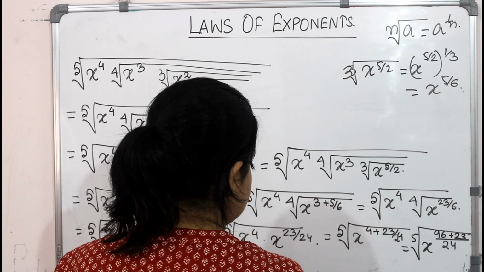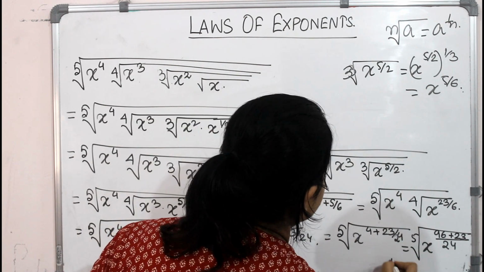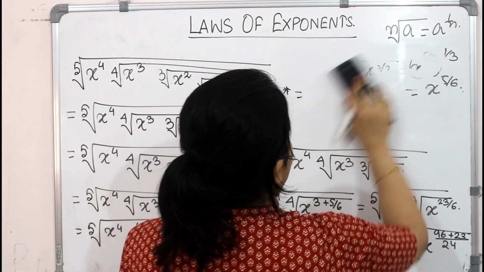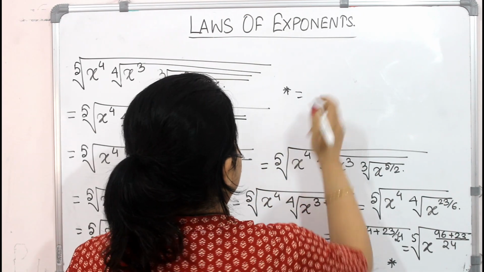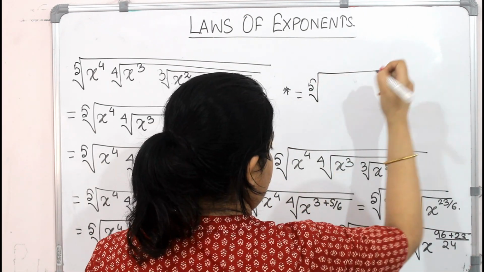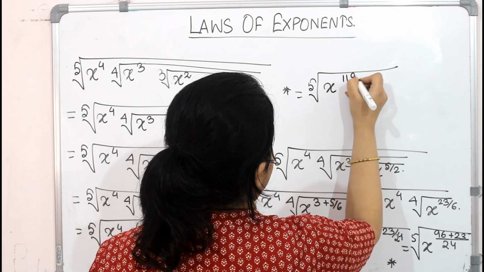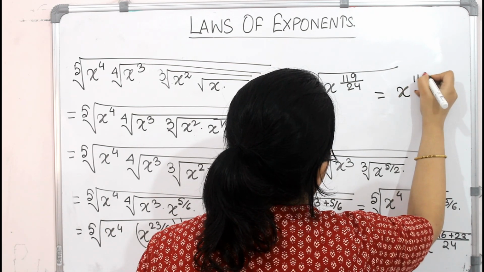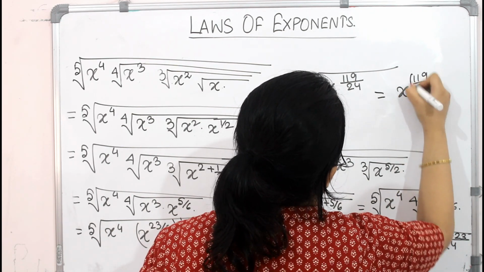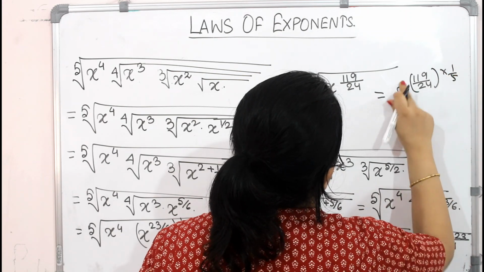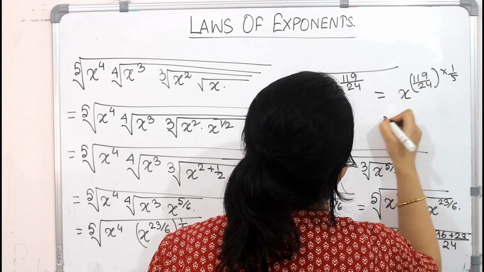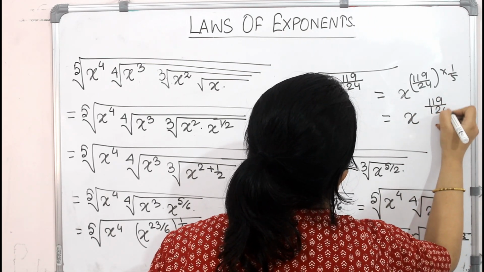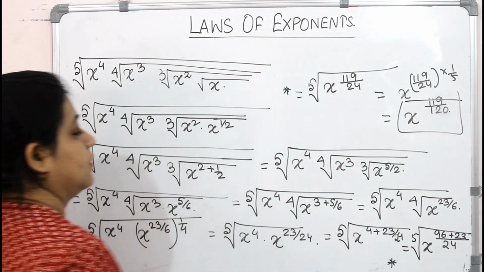So you are getting fifth root of x to the power of 119 by 24. So this you can write x to the power of 119 by 24 into 1 by 5. So this can be directly written as x to the power of 119 by 120, which is the final answer.